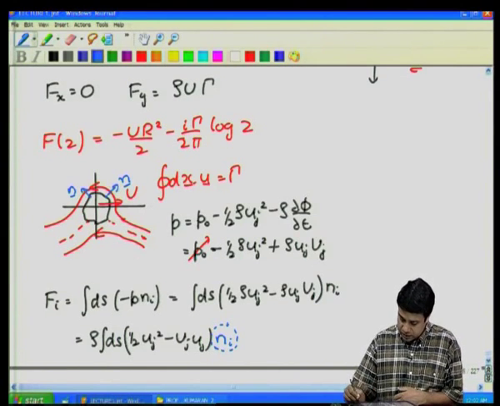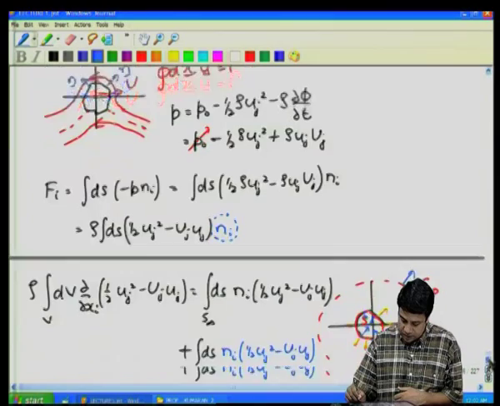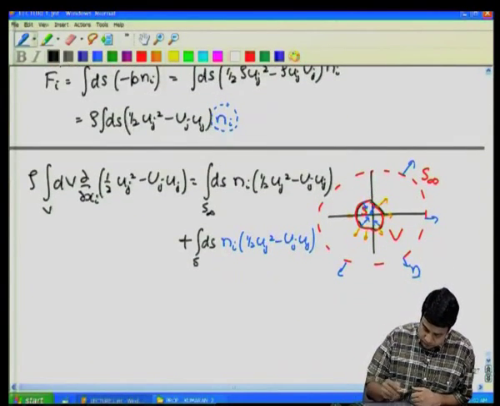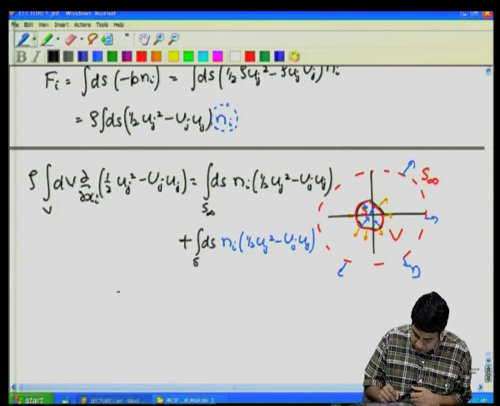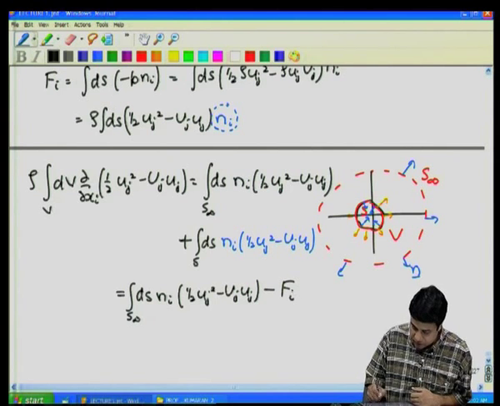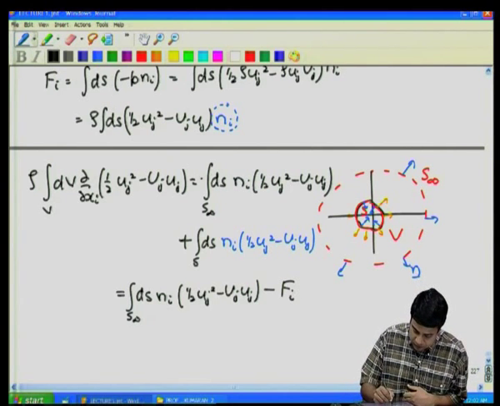So, therefore, this can be written as the integral over the surface at infinity ds n_i times half u_j squared minus u_j U_j, minus the force. I should put a rho here.